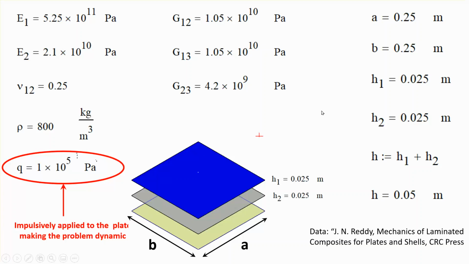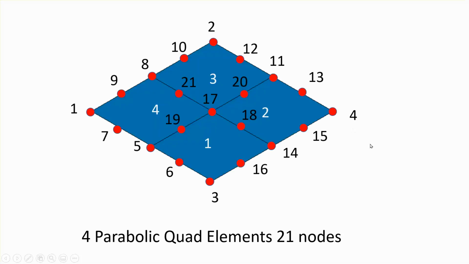Well, we're going to come back. I noticed that I do need the density here, because dynamic effects are present. Now, I'm also going to be doing a rather unusual discretization. Only 4 quadratic elements are covering this geometry.